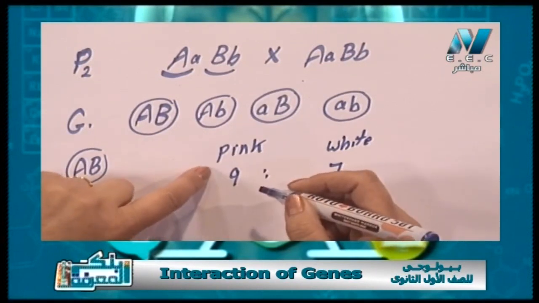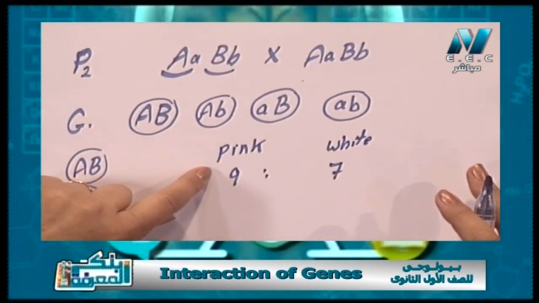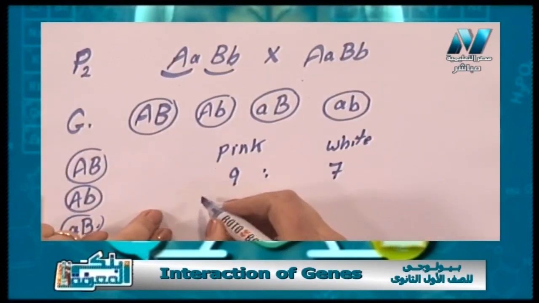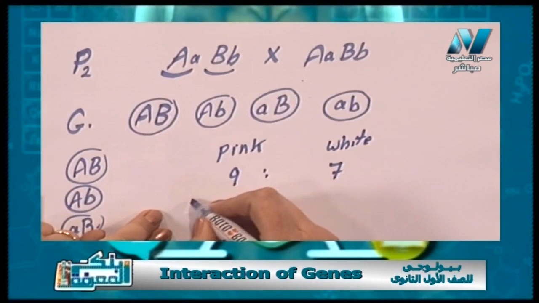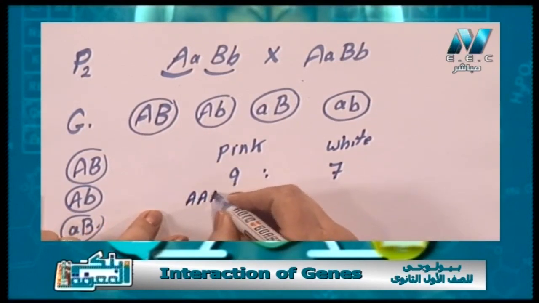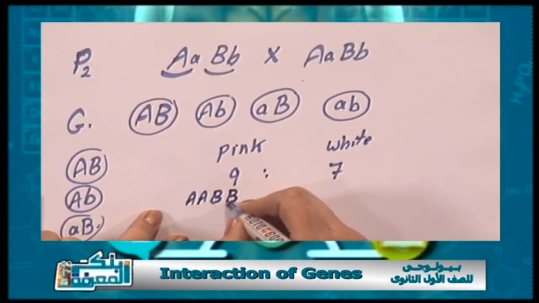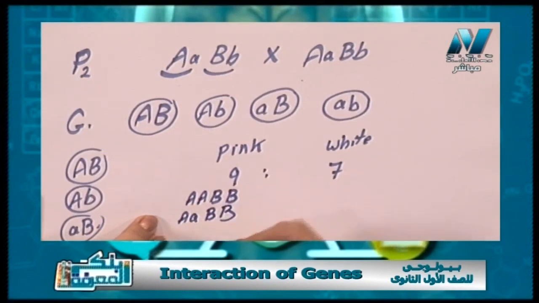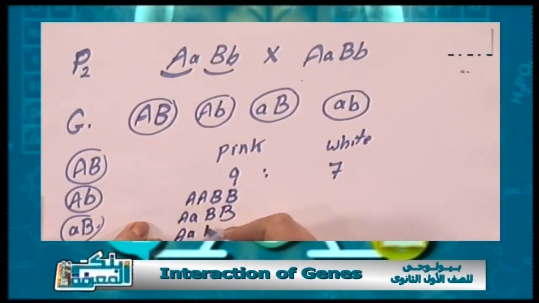What are the possible genotypes of pink flowered plants? It could be capital A, capital A, capital B, capital B, or capital A, small a, capital B, capital B, or capital A, small a, capital B, small b.